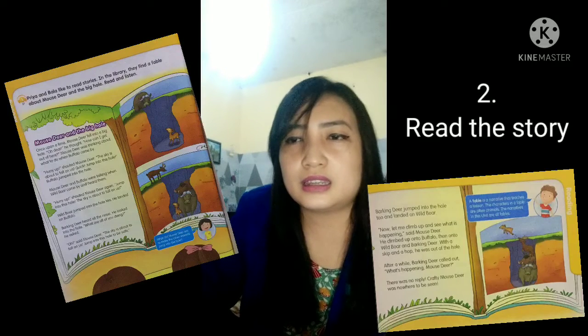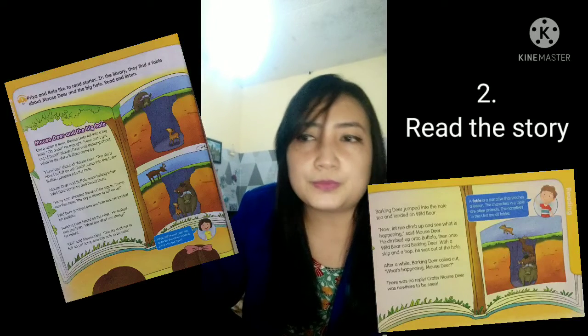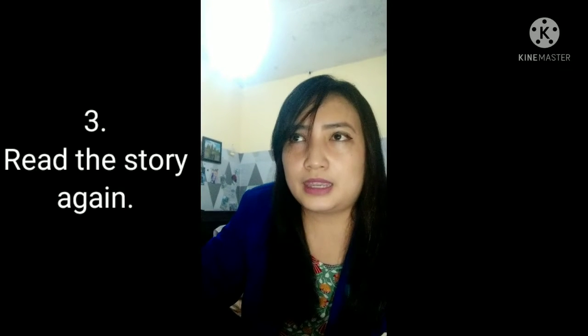And the second is read the story with the introductory sentences and the story too, and pupils follow in their pupils' book. And the third is read the story again, allow pupils time to look at the illustrations on pages 62 and 63 as they listen.